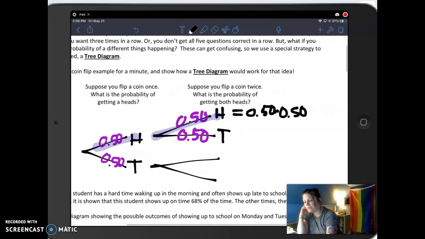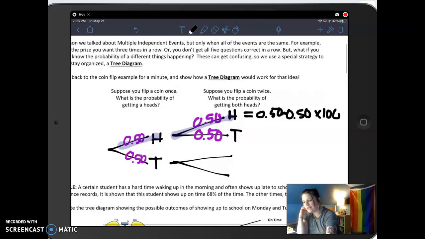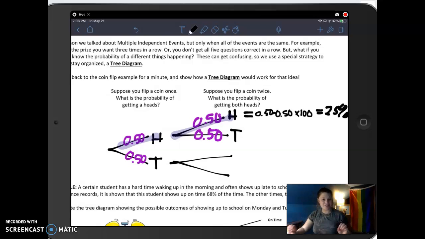We have done this before. Then we multiply by 100, and we get the probability of flipping a coin, heads first, heads second, which is 25%. Again, sorry about my handwriting. I forgot my stylus at the school, so it's a little bit jacked today, and that's okay.